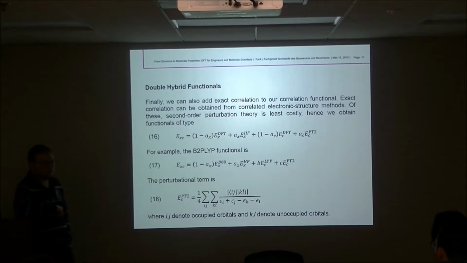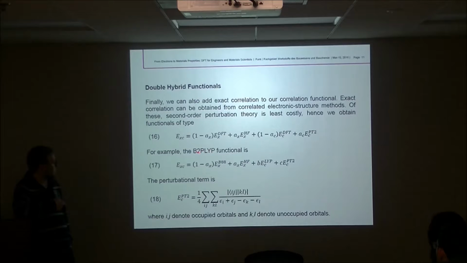We do not want to have much computational effort, right? And second order perturbation theory is giving us just this. So we have DFT exchange corrected by Hartree-Fock exchange. We have DFT correlation corrected by perturbational correlation.